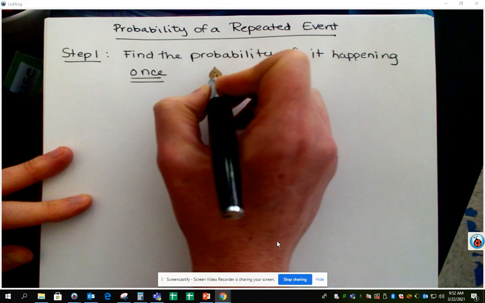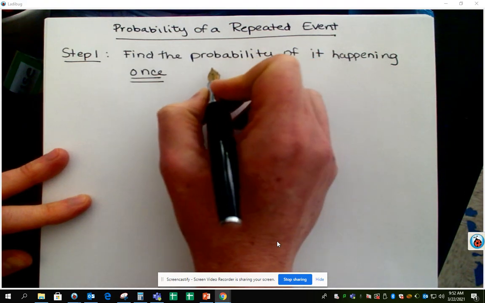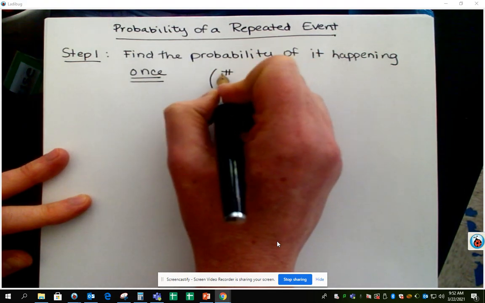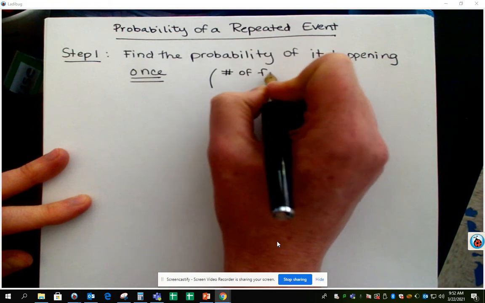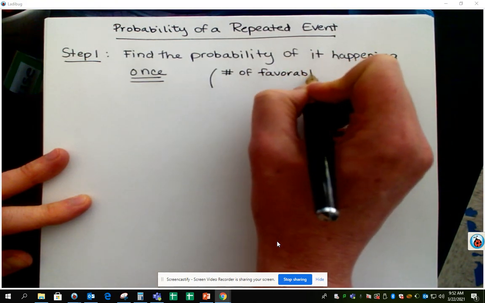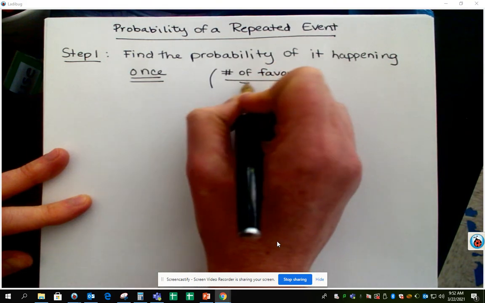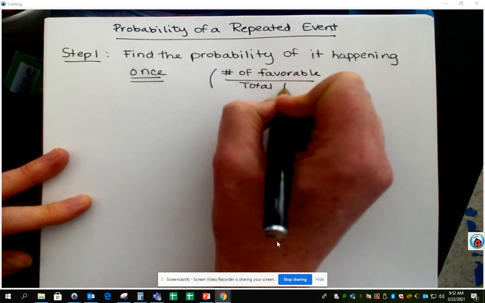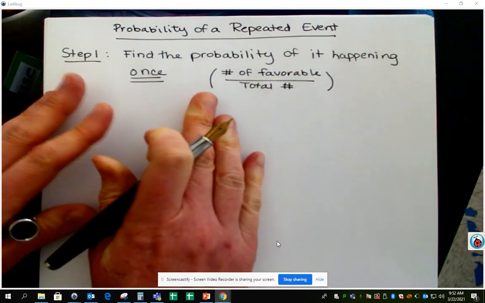Just as a reminder, that's the number of favorable outcomes over the total number. So step one is just like what we did before.